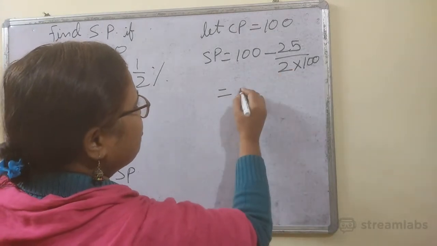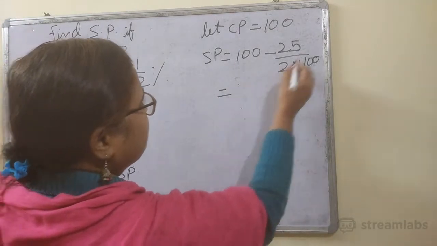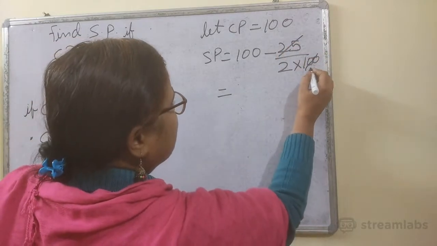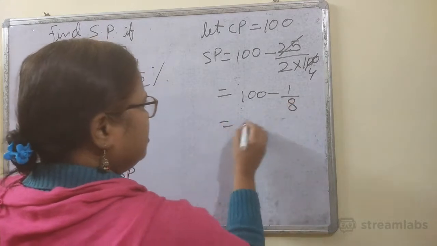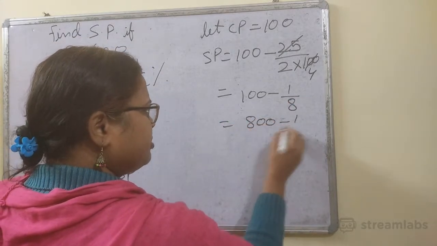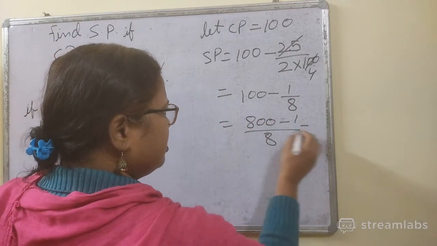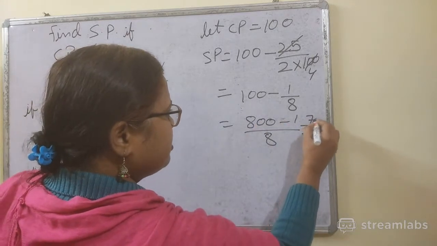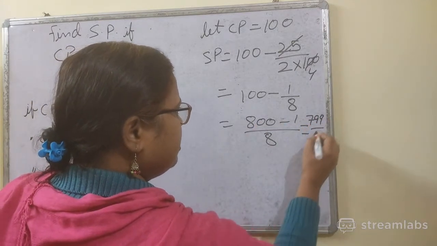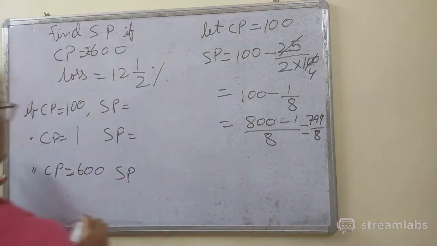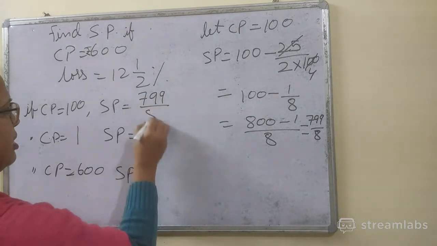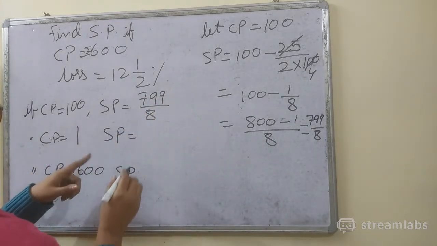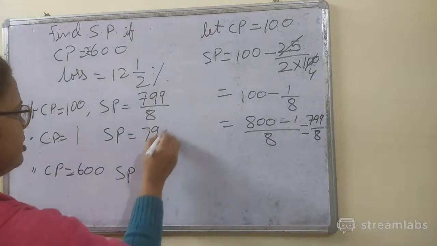This will be equal to 4. So 100 minus 1 by 8. And so it will be 800 minus 1 by 8, and so it will be 799 by 8. So if this is 100, then this is 799 by 8.